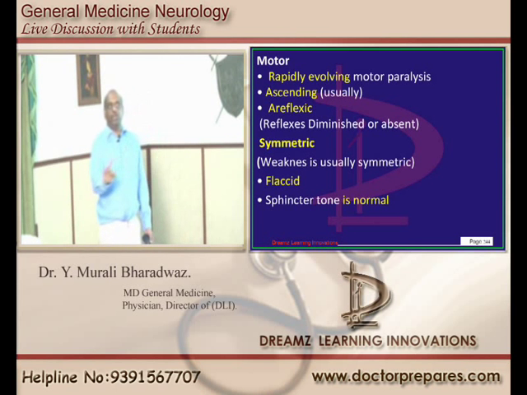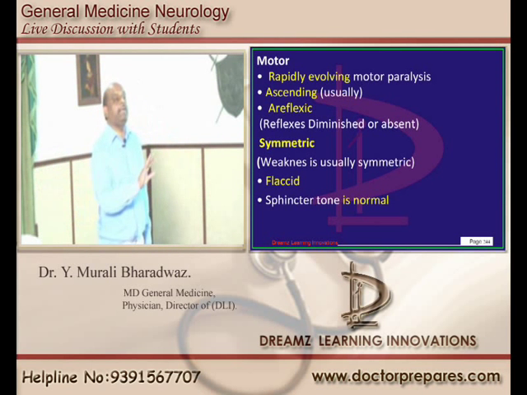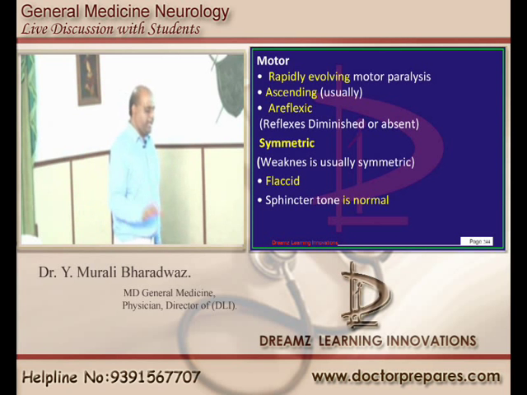And the sphincter tone is normal, meaning in passing urine, nature calls, there is no problem. Sphincter disturbance is not there, and it is a very important point. Why? If the patient is having sphincteric disturbance, it is not Guillain-Barre.